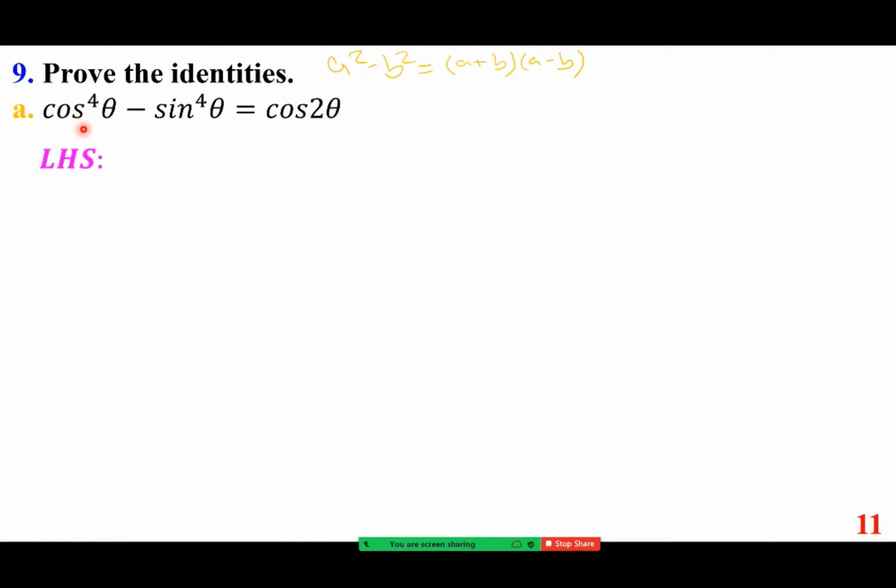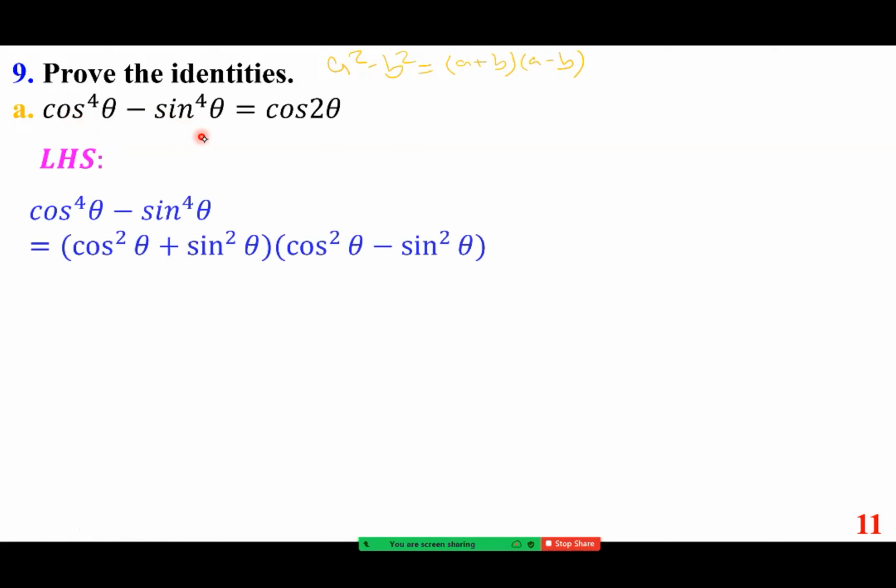So cosine squared plus sine squared times cosine squared minus sine squared. That's the left-hand side. We know this is 1. And we know cosine squared minus sine squared is cosine 2 theta.